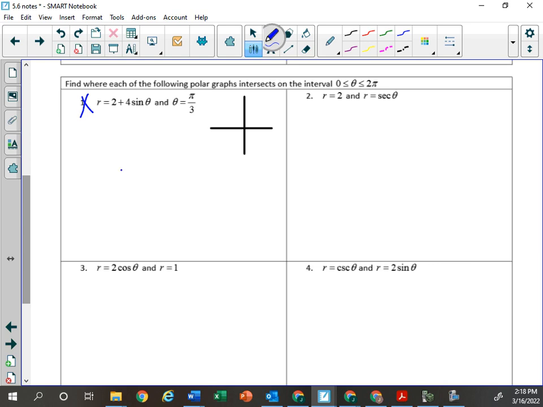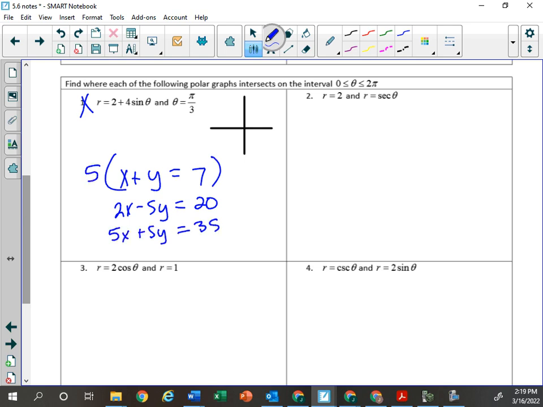Like if you had one equation, you could take this one times 5 and add them together. You'd eliminate your y values. Do you not remember that?